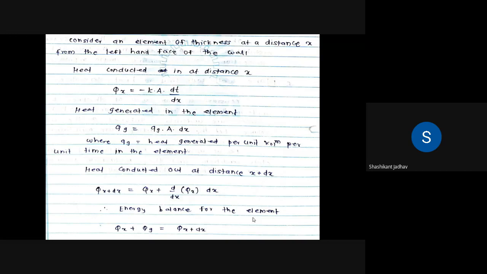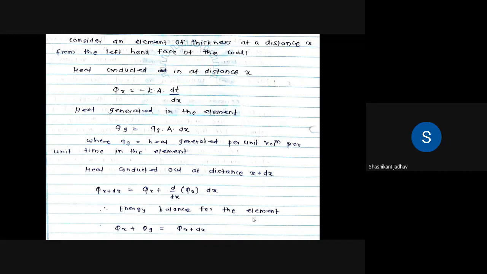Qx plus dx is equal to Qx plus d by dx of Qx into dx. So this is the equation from the Taylor series expansion.